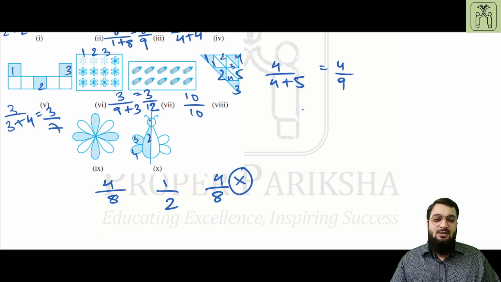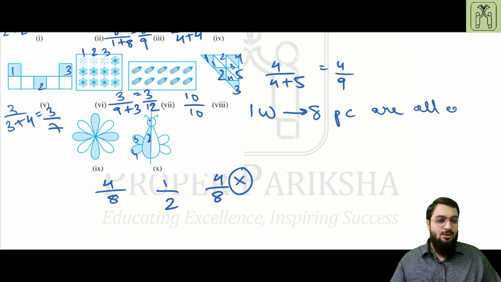The reason is that when we talk about a fraction, say one whole is divided into 8 pieces, then those 8 pieces are all equal, and they may or may not be identical.